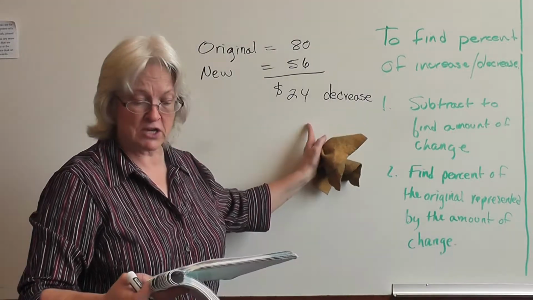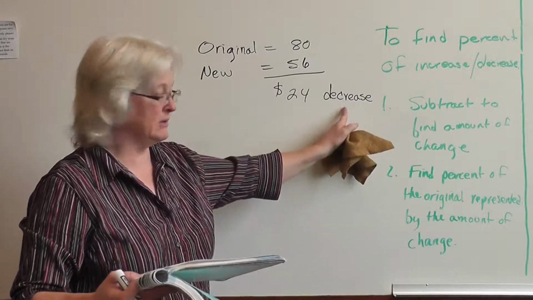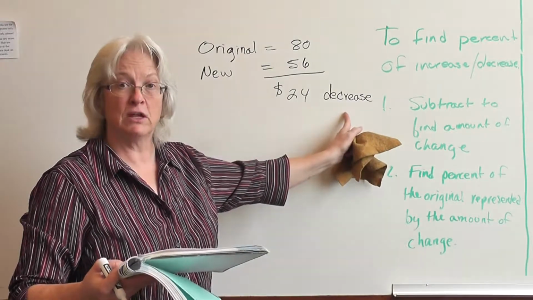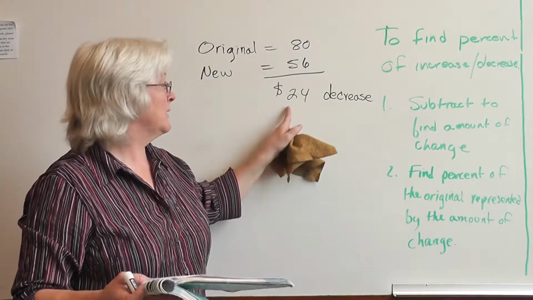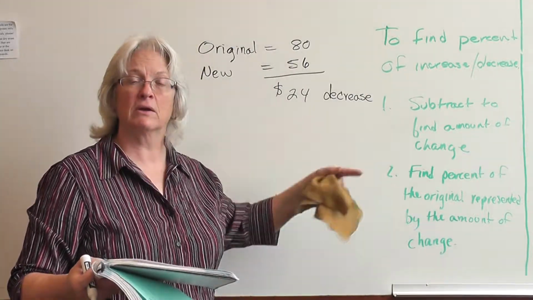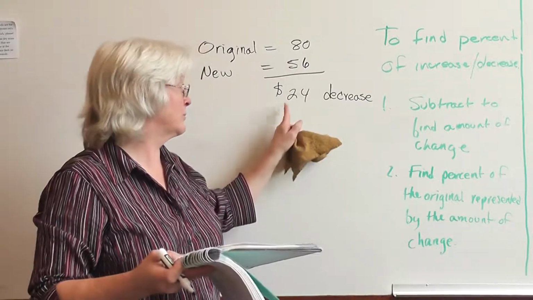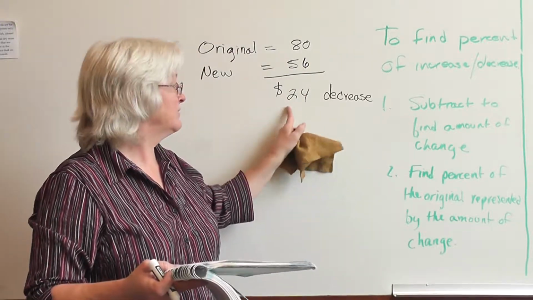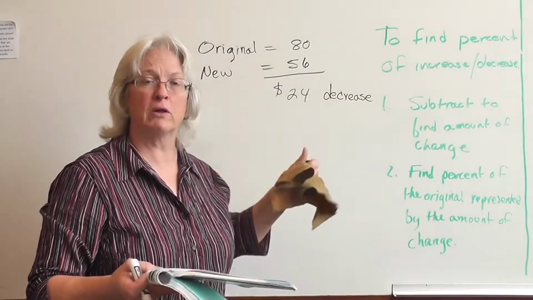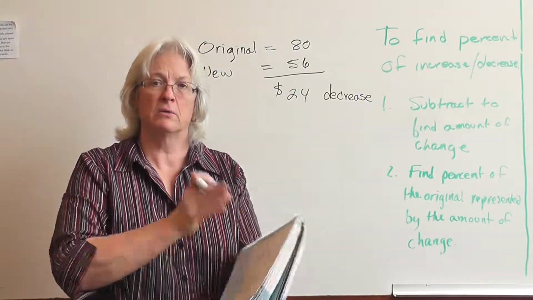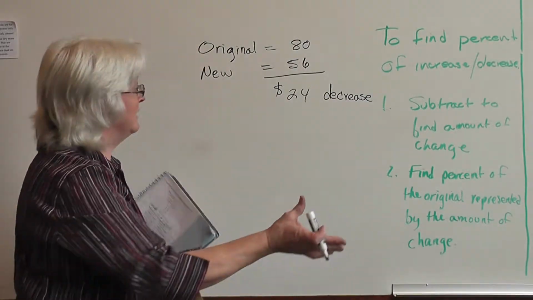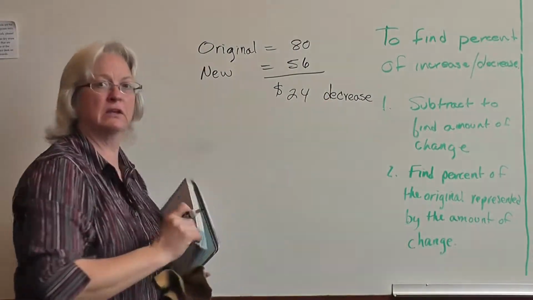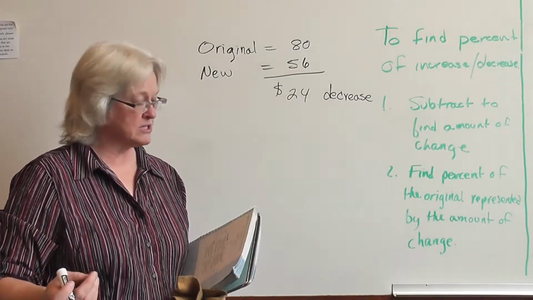Find the percentage of change, write a proportion. Does it indicate increase or decrease? So we know we've got a $24 decrease, but we have to come up with a proportion in this case, that will tell us what that $24 represents percentage-wise. So first we're finding the amount of change by subtracting, which gave us $24.